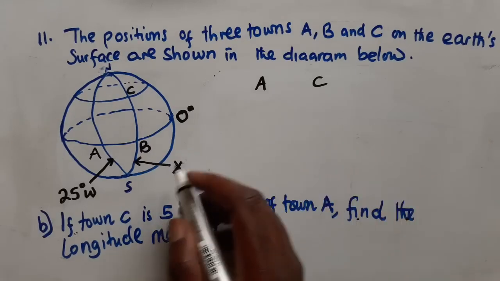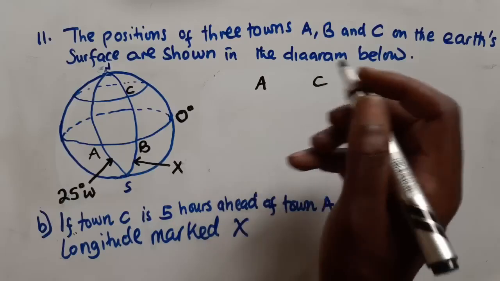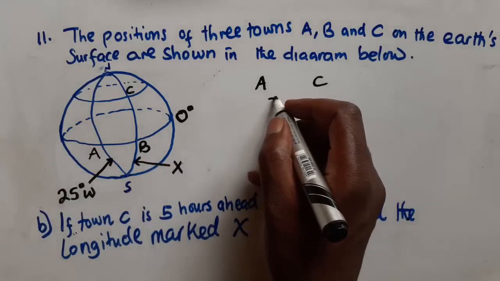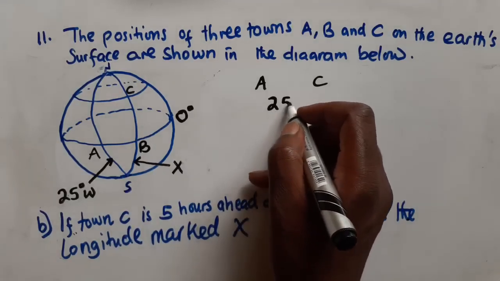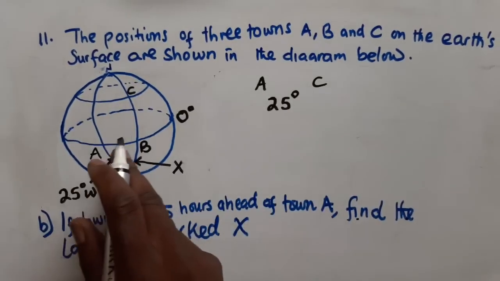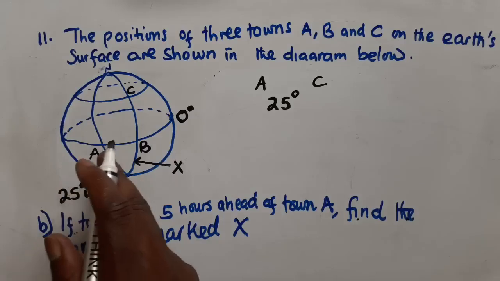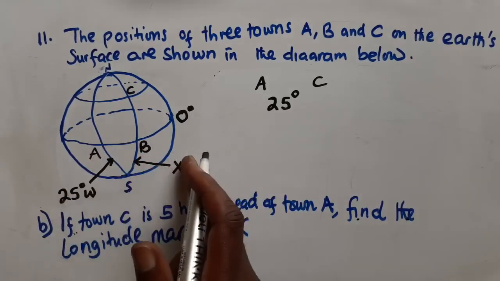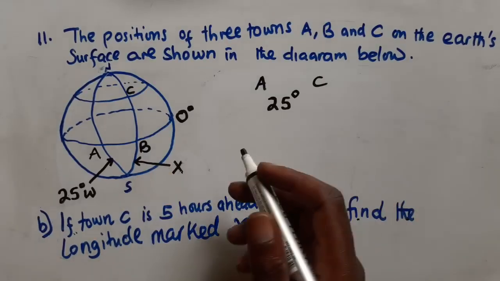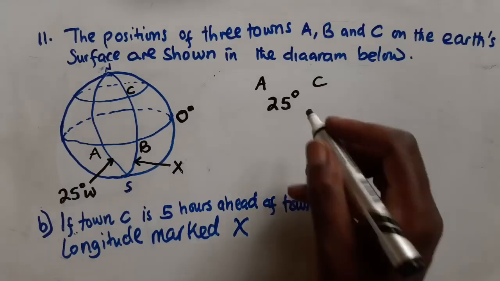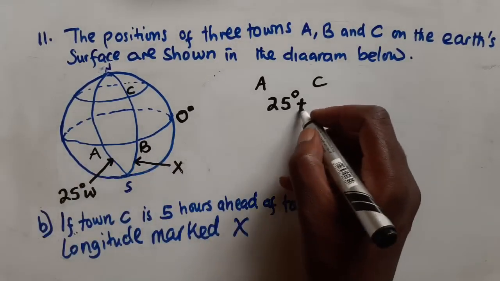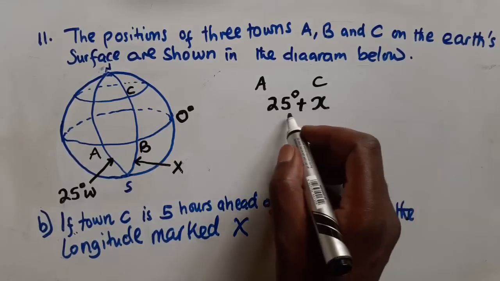So what we always do is find the difference. Now in this case, this is obviously 25. Okay? 25 is on the west. And if these two places are 5 hours apart, definitely you know that the other side will be the east, considering the concept that after 15 degrees, we have an hour. So when these two places are on different sides, we add them.